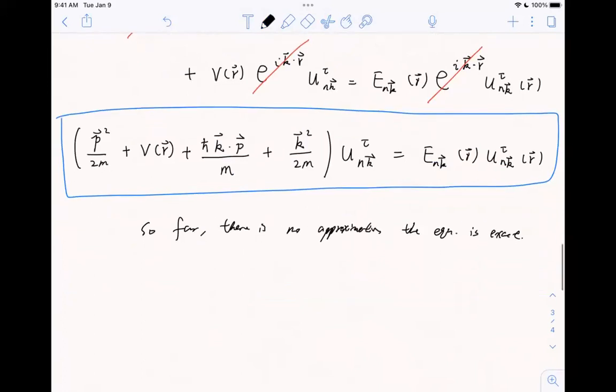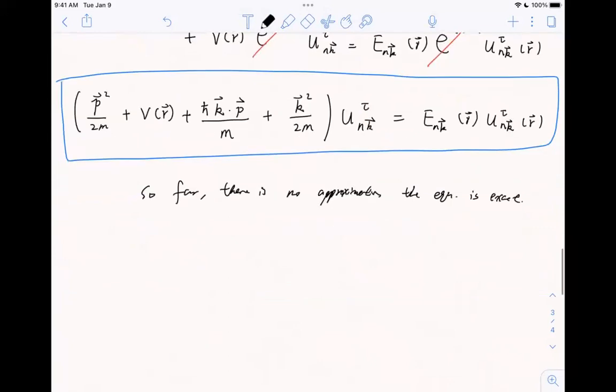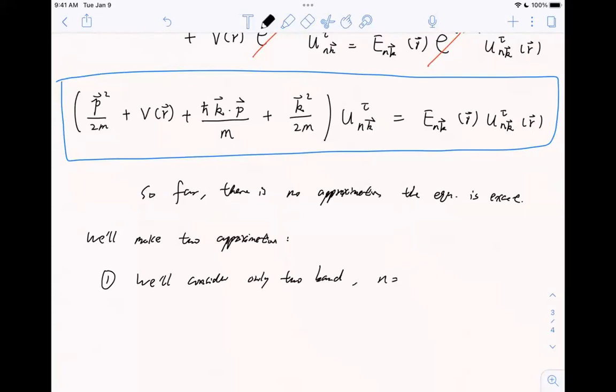Okay, now we're going to make 2 approximations. First, we will consider only 2 bands, N equal to C and V. So once you make 2 bands, that is a significant cut of the wave function.